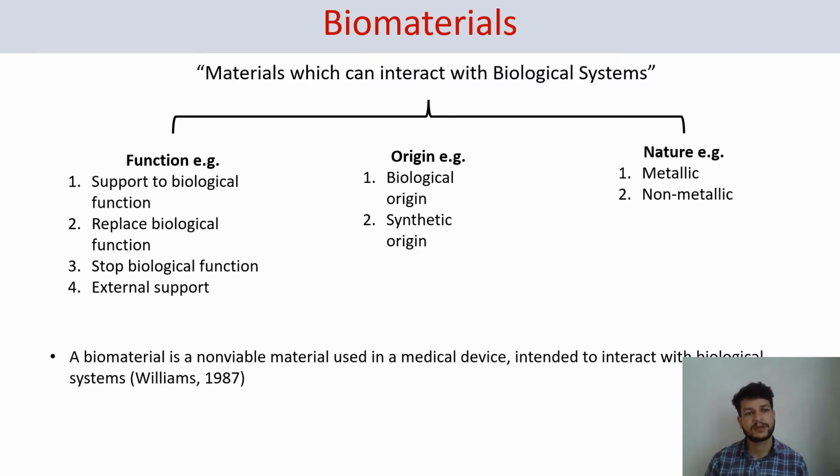And the third class of biomaterials are the ones that stop the biological function. In some cases, if we need to stop a biological function, these biomaterials are implanted to stop it.